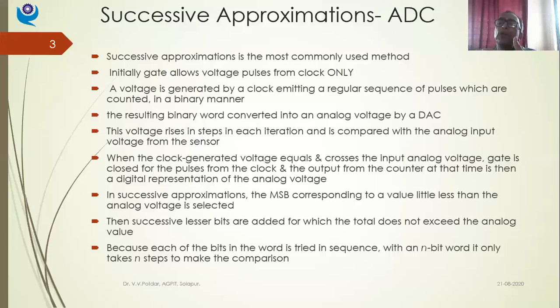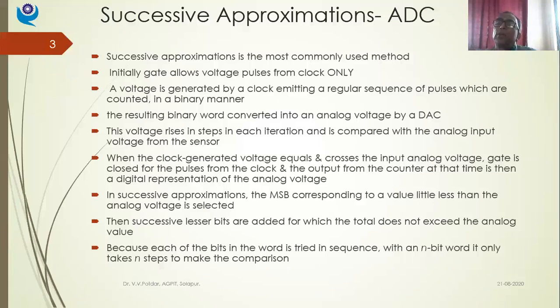The most significant digit corresponds to 2 to the power 3, the next digit to 2 to the power 2, the next to 2 to the power 1, and the last digit to 2 to the power 0. I have started off with 2 to the power 3 and the remaining are 0.